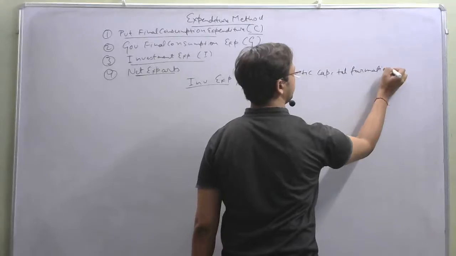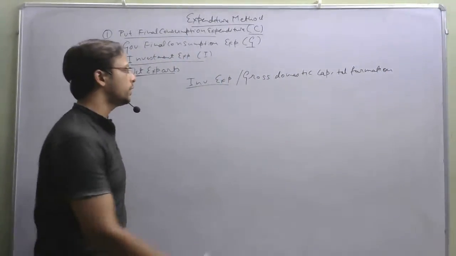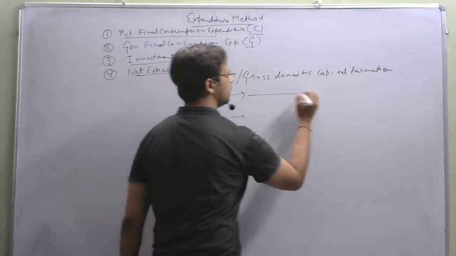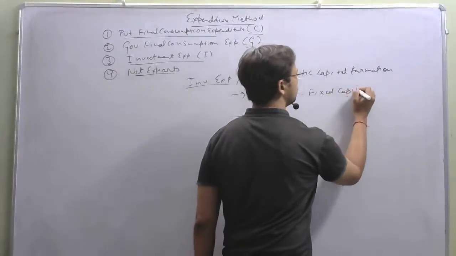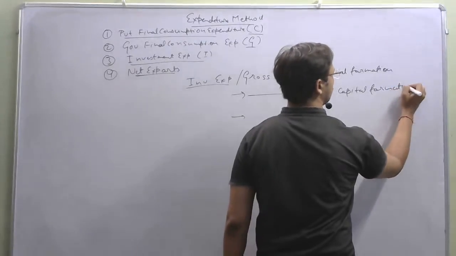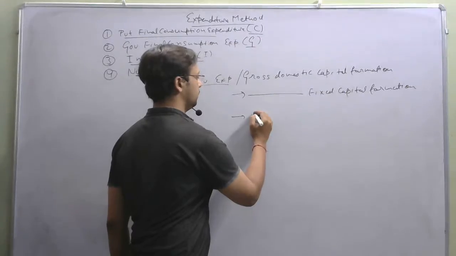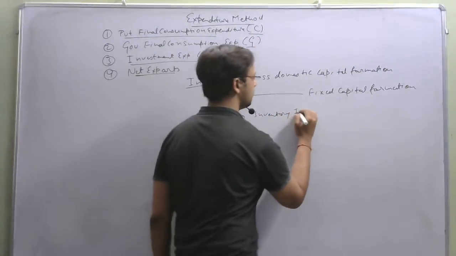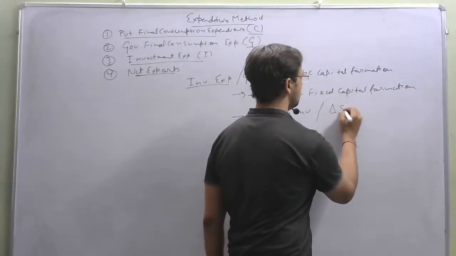Gross domestic capital formation is further subdivided into two types: gross domestic fixed capital formation, and the other one is inventory investment, or we can also say change in stock.